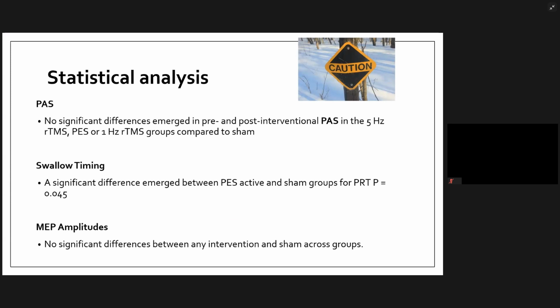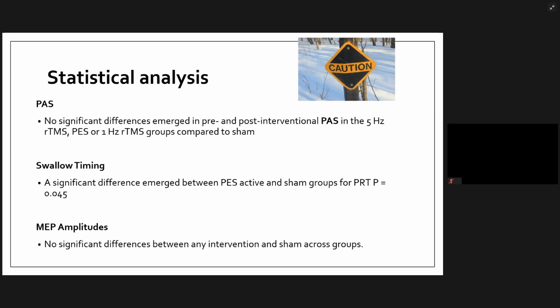When subjected to statistical analysis, and we used t-testing, some caution must be employed because of the small numbers per group. However, for the PAS group, no significant differences emerged, and for the motor evoked potential analysis, no significant differences emerged.